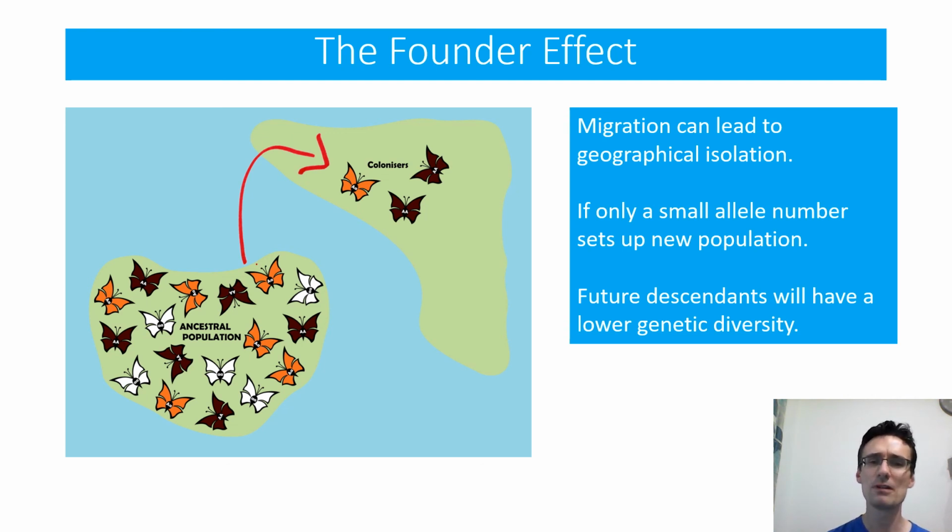You can see they wouldn't have any of the white butterfly genes. You've only got the dark brown and the orange ones, and therefore you would expect the population to be just that in the future, because the small number of individuals who set up the new population have a small number of alleles, and the future descendants will only have those alleles to get from. It will cause a low genetic diversity.